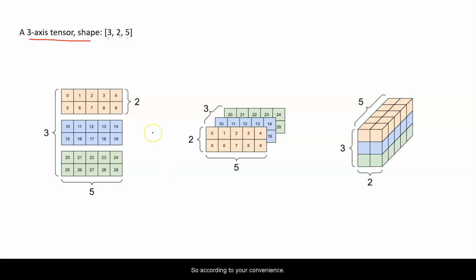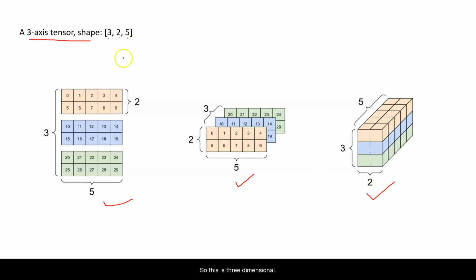So according to your convenience, whenever you are given such a shape, it is up to you how you want to visualize those images in your mind, right? So you can either picturize that to be something like in figure 1, or if it is easy for you to picturize it in a way as in figure 2, or you could picturize it as in figure 3.